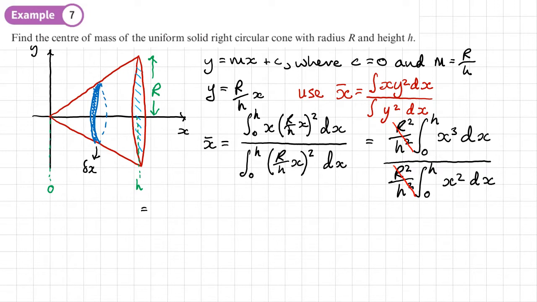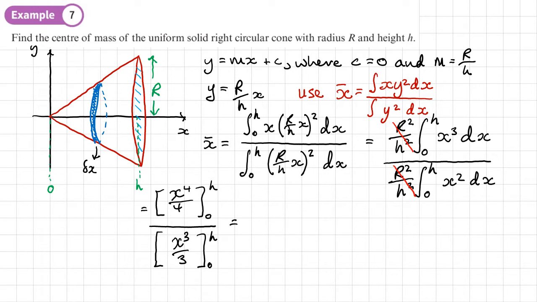Now that just leaves me integrating these. So x cubed becomes x to the power 4 over 4 between my limits of 0 and h, over x cubed over 3, or a third x cubed, again between the limits of 0 and h.